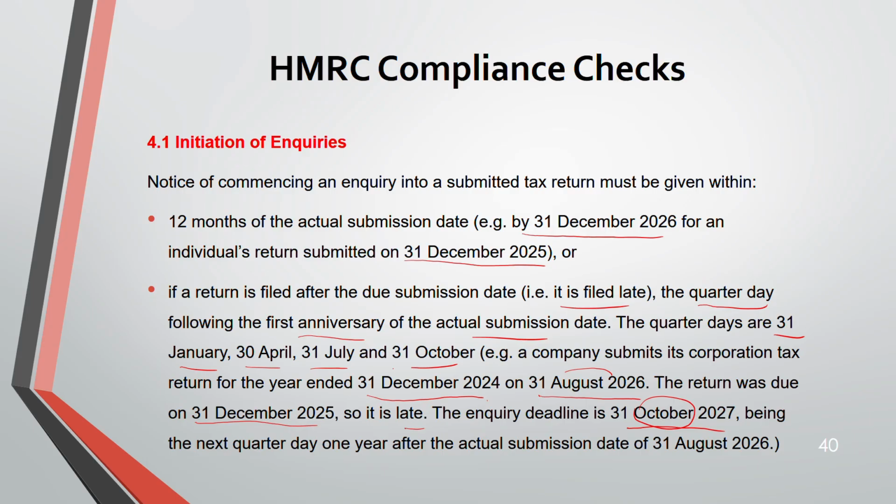January, April, July will not fall because they are before August. Okay. So you are submitting when? 31st August. You are submitting 31st August 2026. Take 1 year anniversary, which is 2027. So after August, October is the quarter day, the next quarter day.